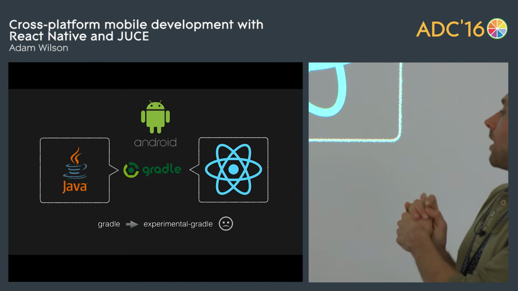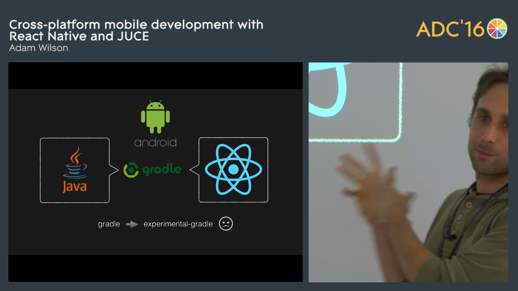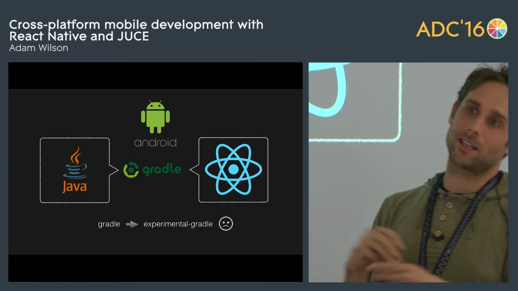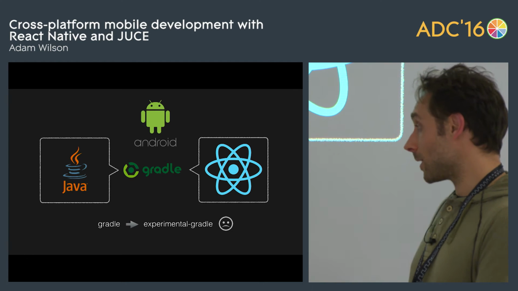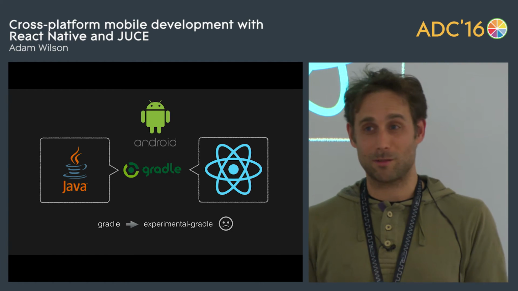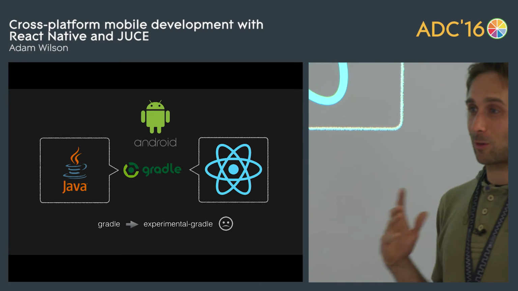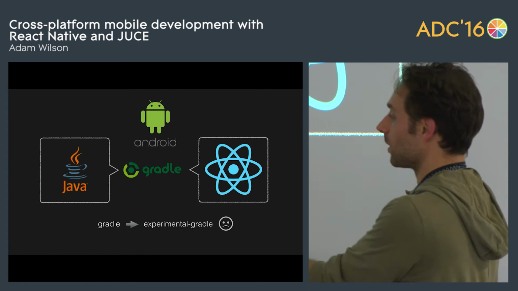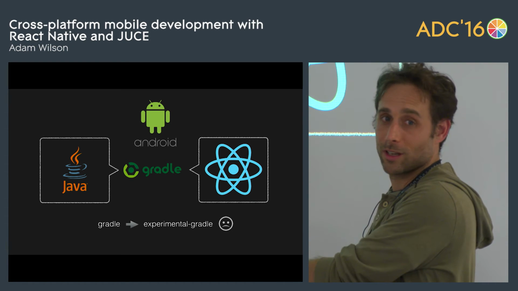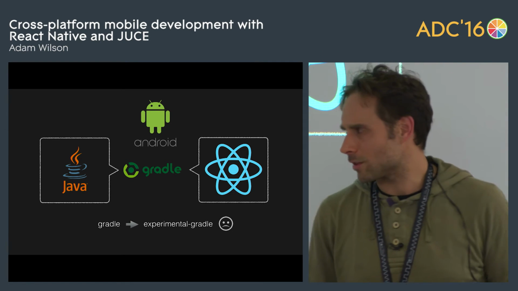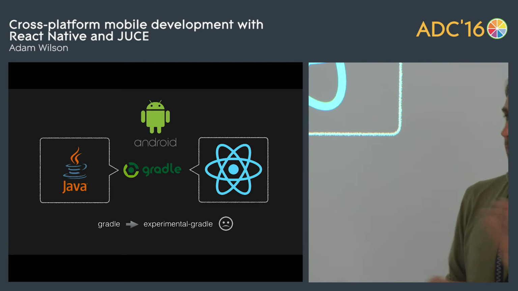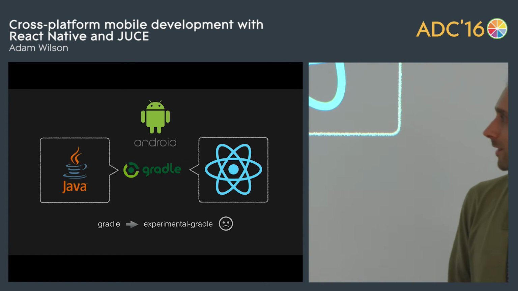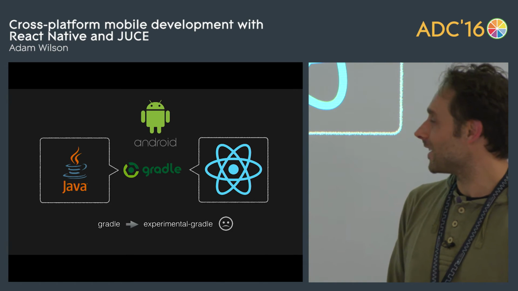So basically if you bring in third-party NPM modules, you have to hand translate the standard build Gradle format into the experimental Gradle format, and there's very sparse documentation on how to do that. And I've been told yesterday that they've pretty much deprecated experimental Gradle, so that's why there's not a lot of documentation. So I'm not sure where that leaves JUCE and Projucer and stuff. That's something for the JUCE guys to decide, I guess.